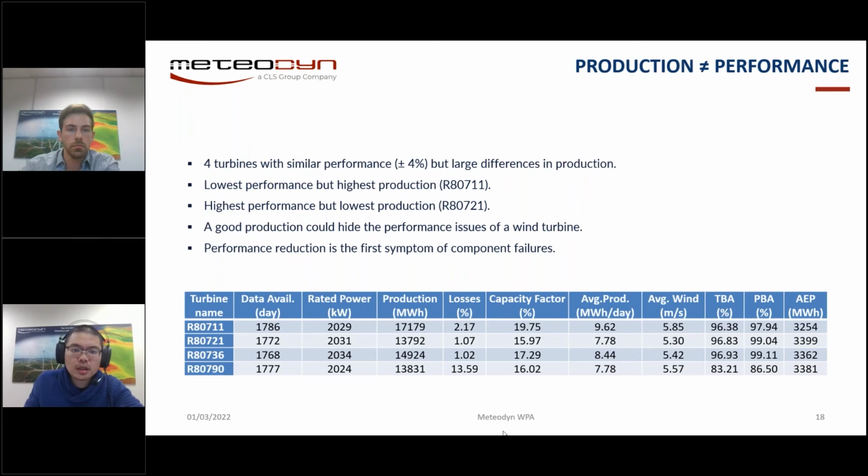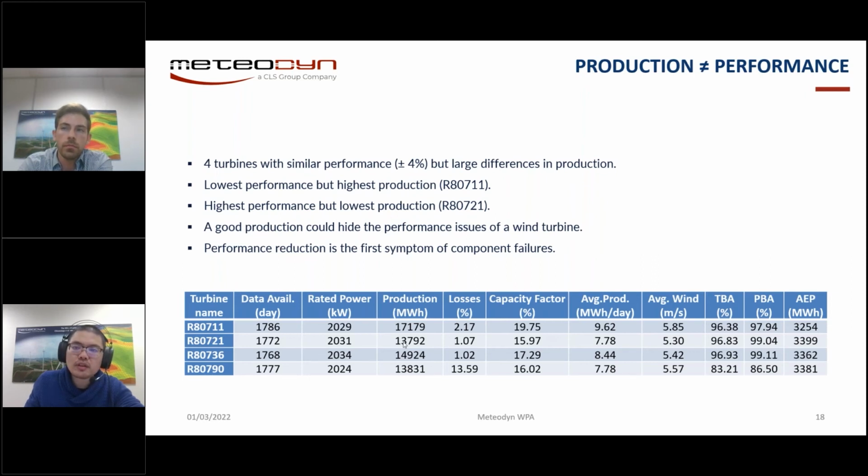For example, the wind turbine with the lowest performance is the first one, but it has the highest production, and the highest performance is the second one, but in reality it has the lowest production.